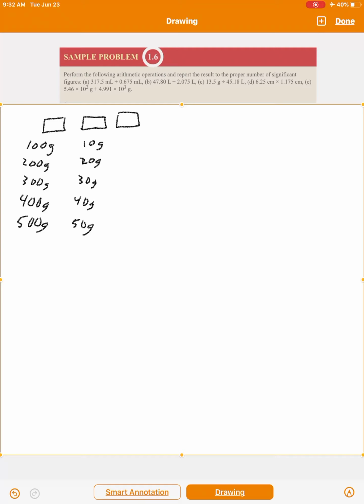And suppose I have a third scale that is even more precise. It can measure things down to the nearest gram. So this one could measure a difference between 1 and 2, not 1.1 and 1.2, but 1 and 2, or 3 and 4, or 3 and 6.